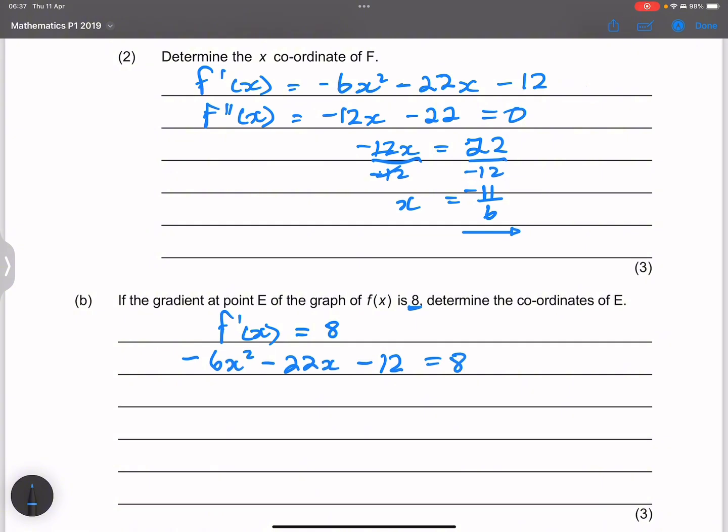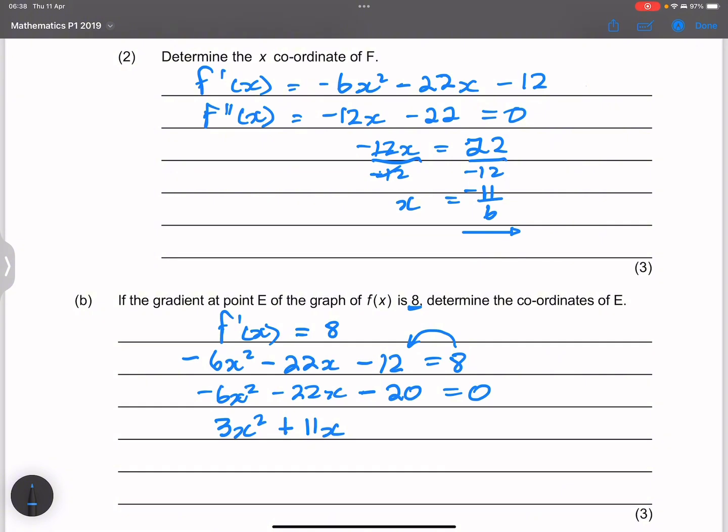So that's minus 6x squared minus 22x. Okay, if I bring the 8 over to the other side, that gives me minus 20, and this would be equal to 0. Okay, so if I divide by negative 2, I get 3x squared minus 11x, actually plus, because I divided by negative 2.